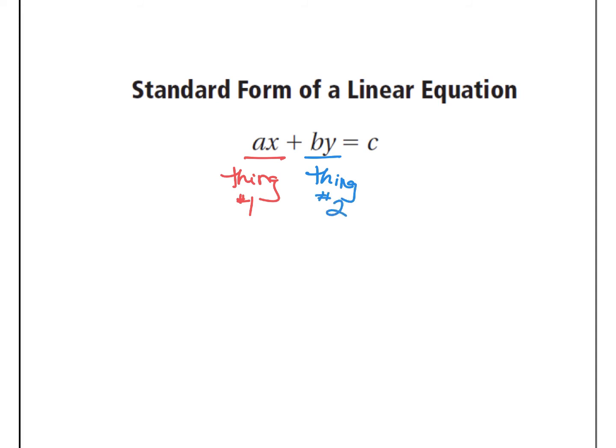And C is going to be the total that we spend or sell or whatever it is. But that's the one way to look at it for standard form. You're going to have thing number 1 plus thing number 2 equals your total. I would write this down in your notes so that you have it.